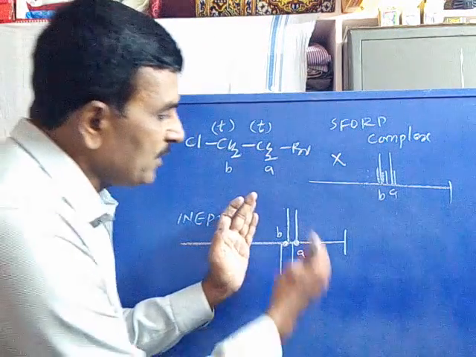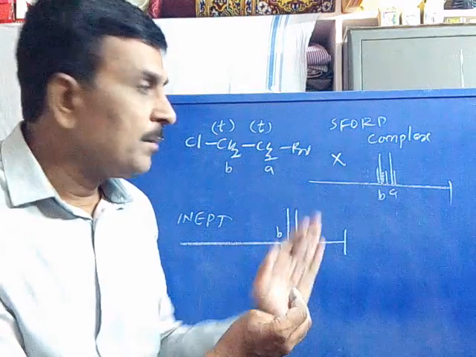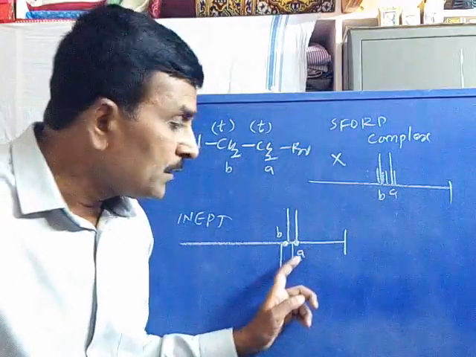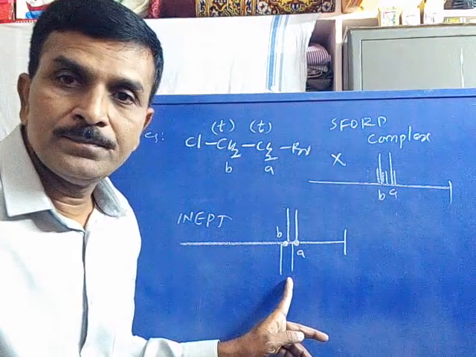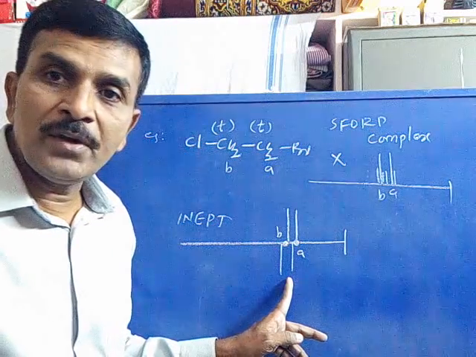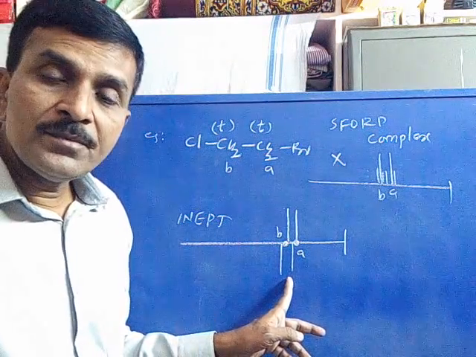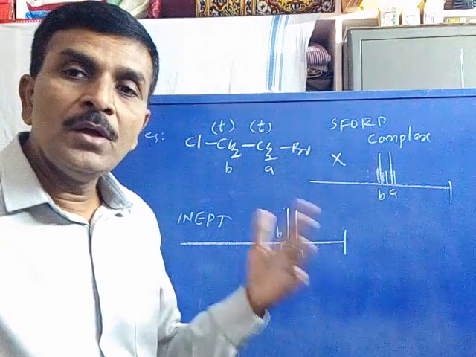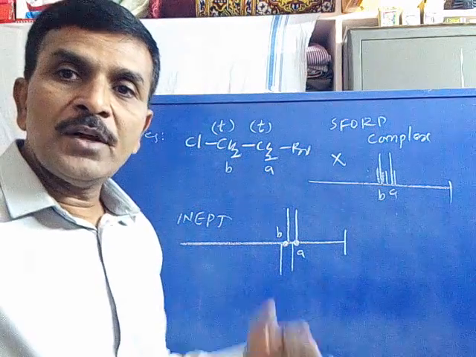So you can see within the same frequency difference between A and B carbon, going from SFORD to INEPT, the overlapping is removed. Are you following? A simple technique. How is the overlapping removed? Out of the 6 lines, 2 lines' intensity becomes 0, and the leftover 4 lines are recorded as 2 positive and 2 negative.